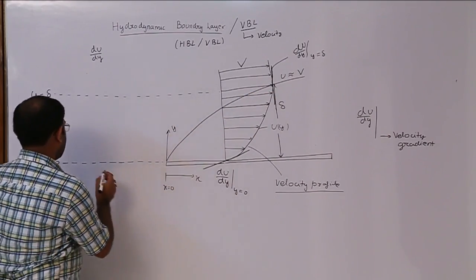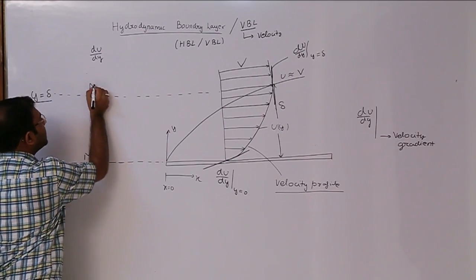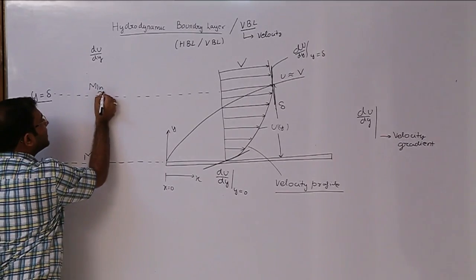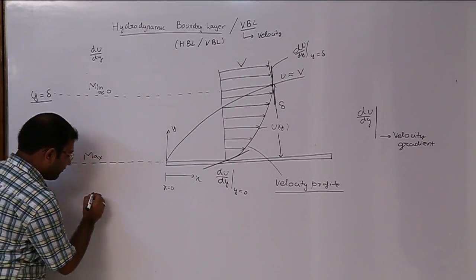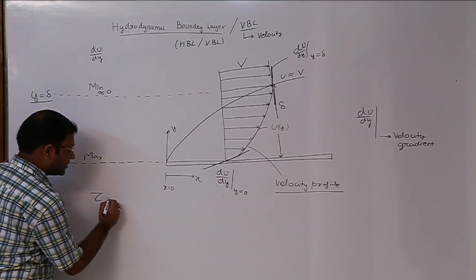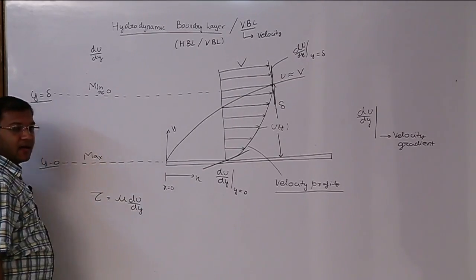So here du by dy is maximum, and here it approaches 0.